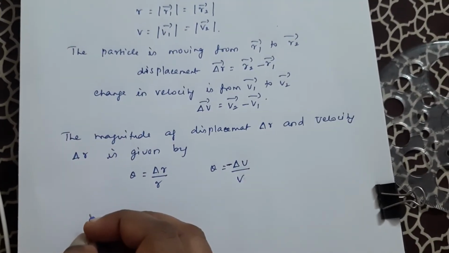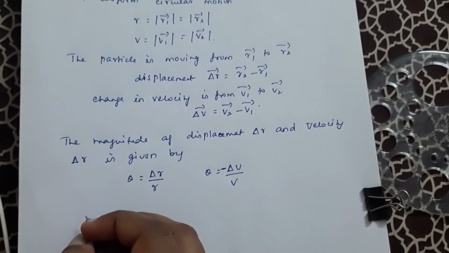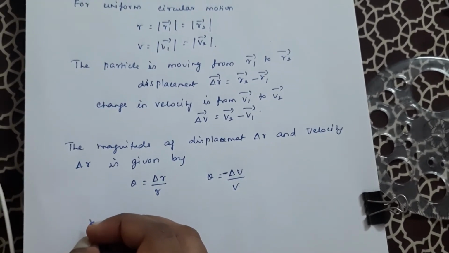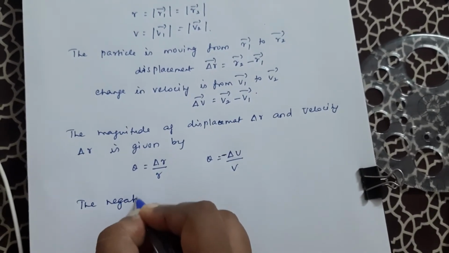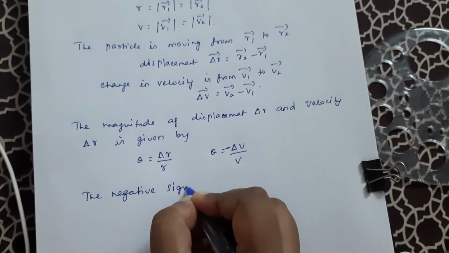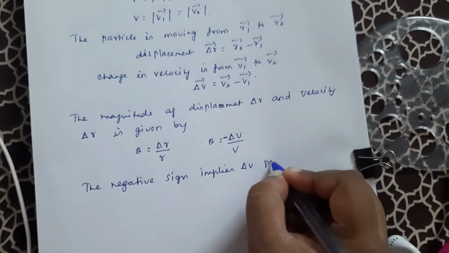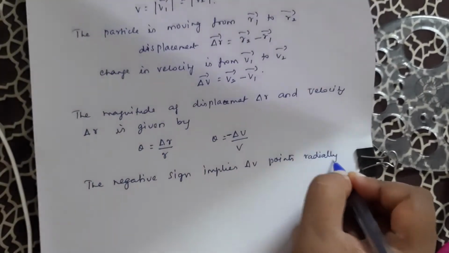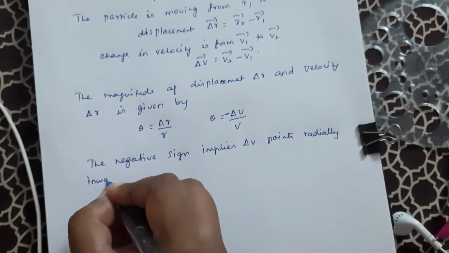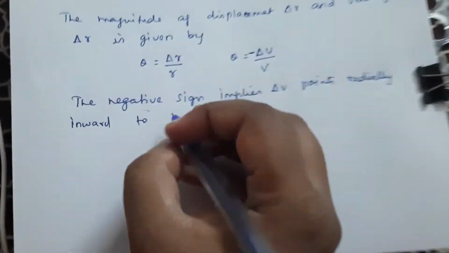The negative sign implies delta v points radially inward towards the center of the circle.